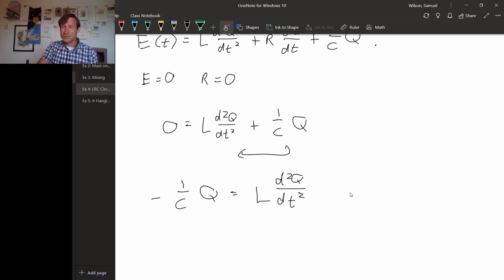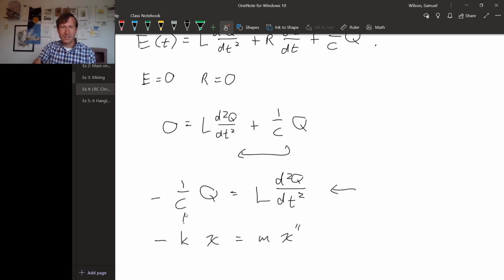And this differential equation is almost the same as our mass on a spring equation. Remember, our mass on a spring equation was minus K times X equals mass times the second derivative of X. You can see that these are almost the same.